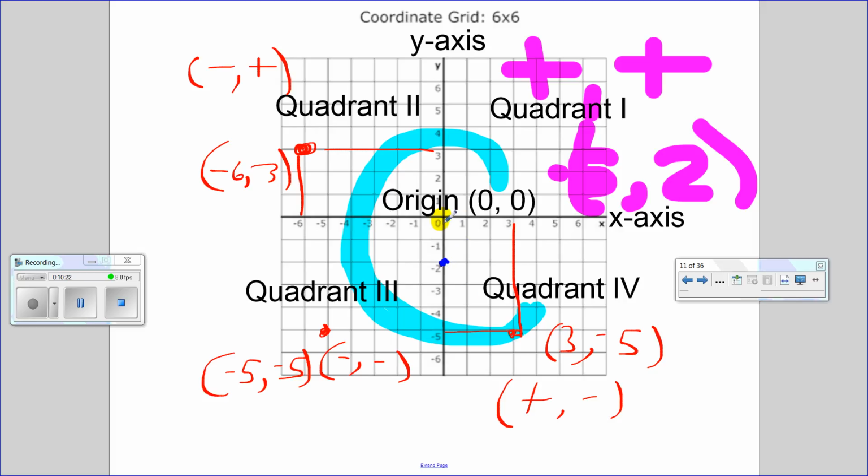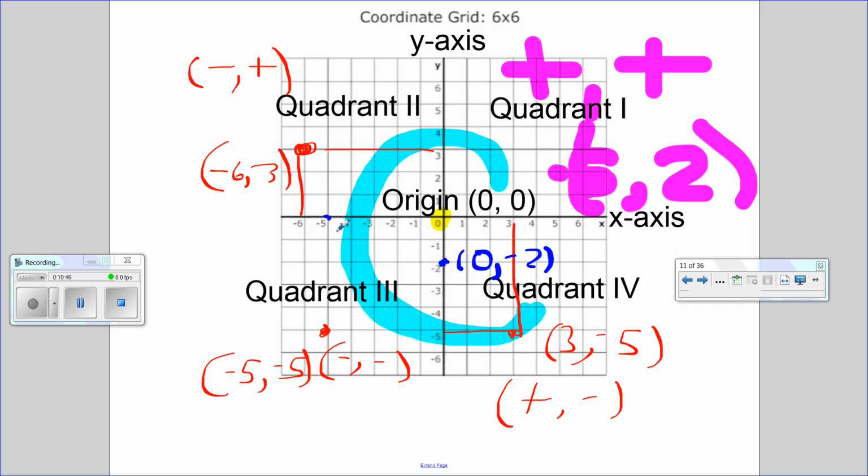On the x-axis it's just 0, so I'm not moving anywhere. On the y-axis it's -2. So is this in a quadrant? No. It's located on the y-axis. It's located on the y number line. So (0, -2).